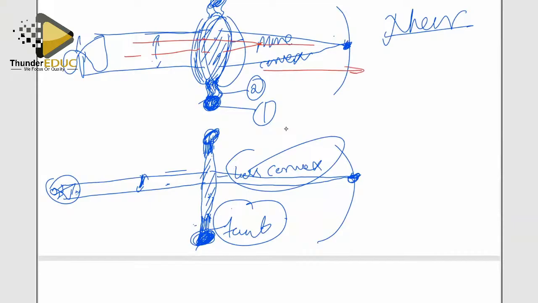Meaning that the eyeball is too long for this. That's the meaning. This light couldn't reach the retina. It's too long. It's like they ask you to jump the river. However much you know how to jump, you cannot jump. You end up falling into the what? The river. Meaning that the river is too long for your jump.